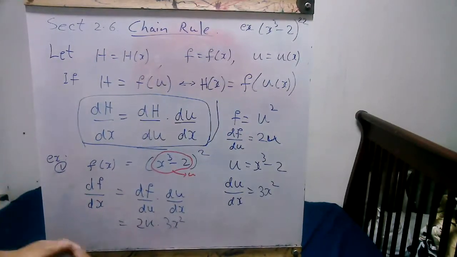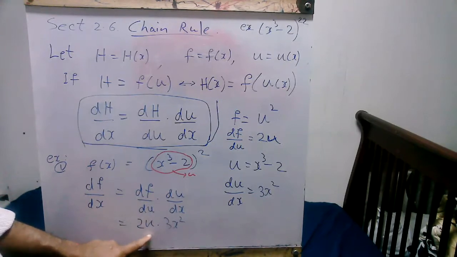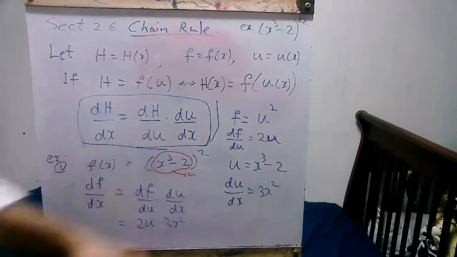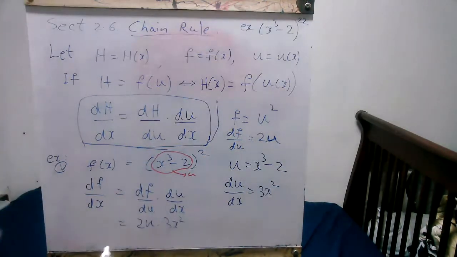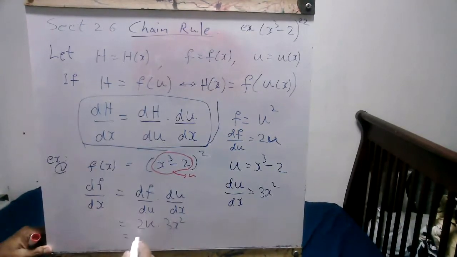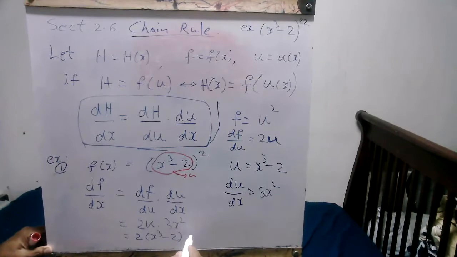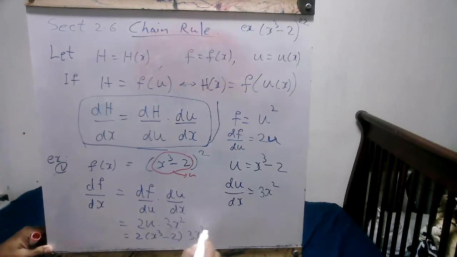Right? Now substitute back for u. U is x cubed minus 2. Then we get 2 times x cubed minus 2 times 3x square.